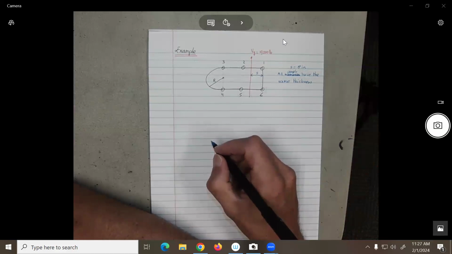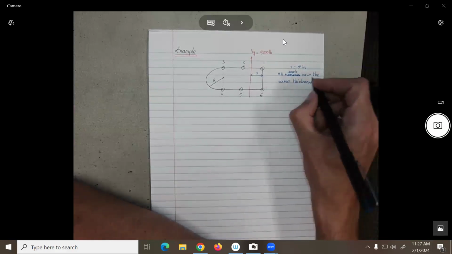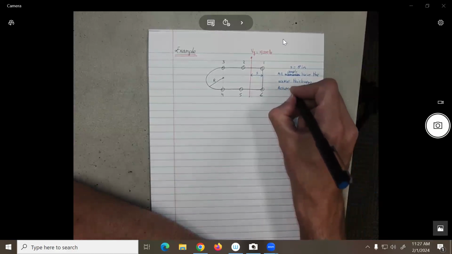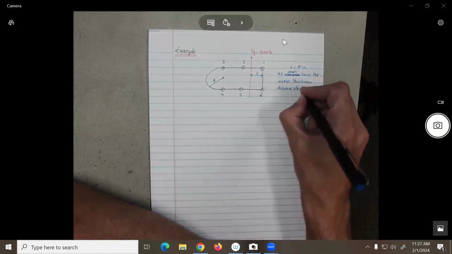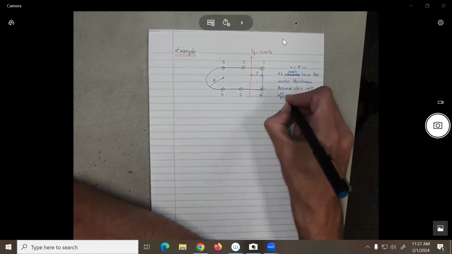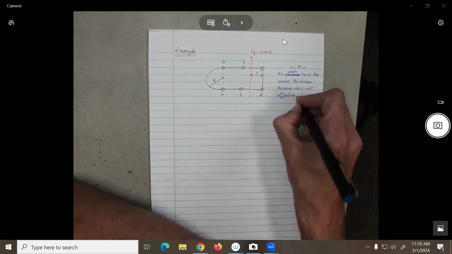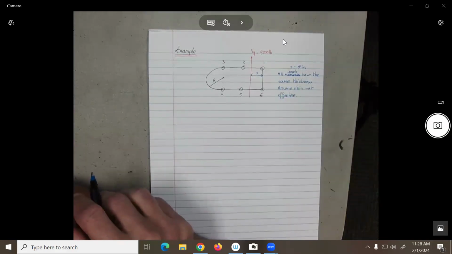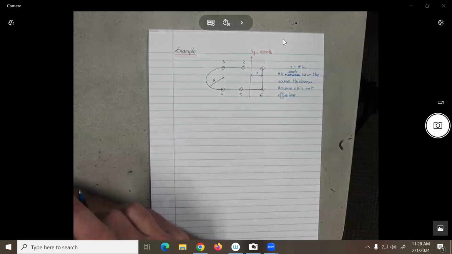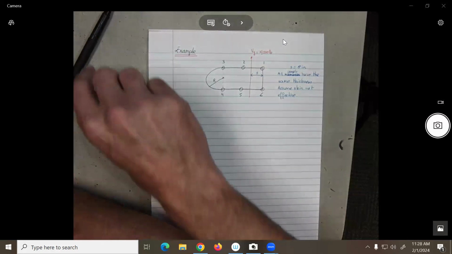And assume on this problem, skin not effective. I don't have the equation here, but remember we said the same thing, that long equation that I gave you had one of the terms. Okay, we need some more data.